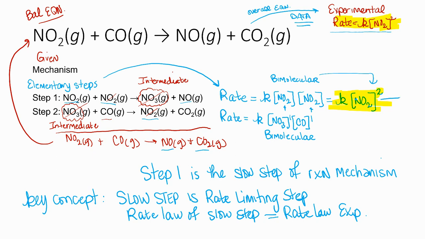So you see how these are the same? And since they're the same, we conclude that step 1 is slow because that's going to limit our rate. The other way around, we're going to see in the next one that we're going to do, is you could be given which one's slow and then figure out what the experimental rate law is.